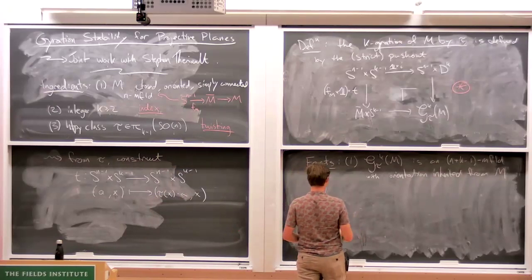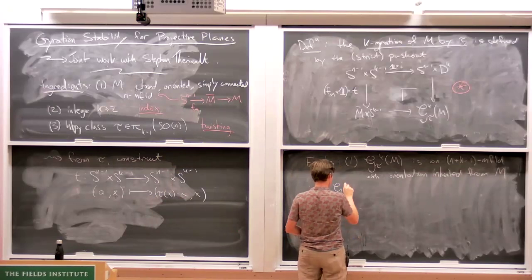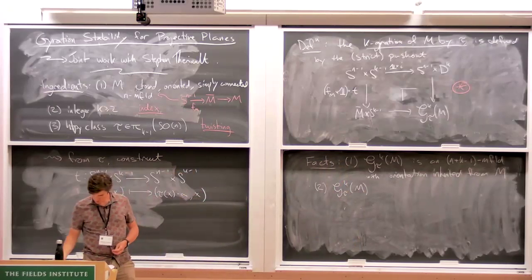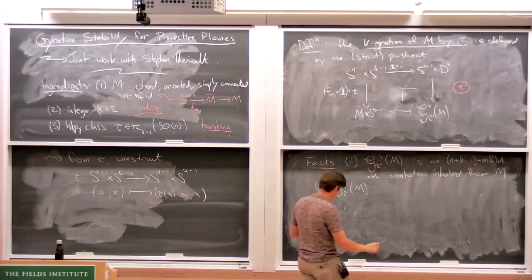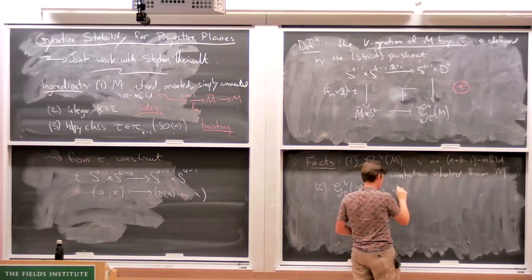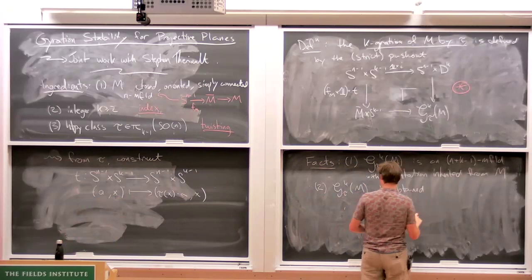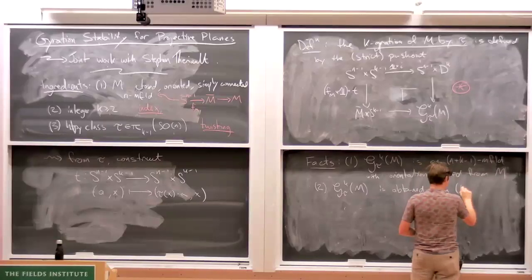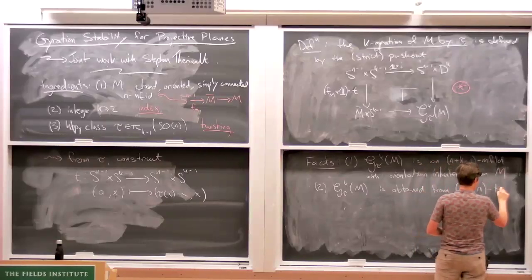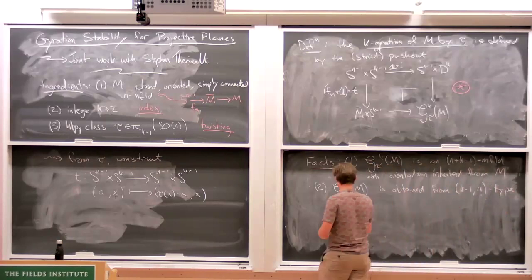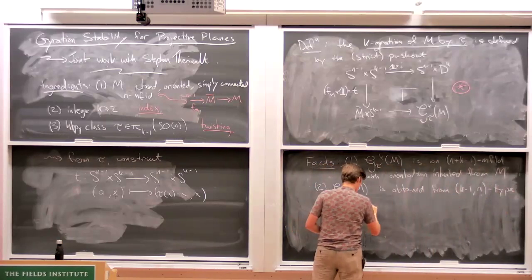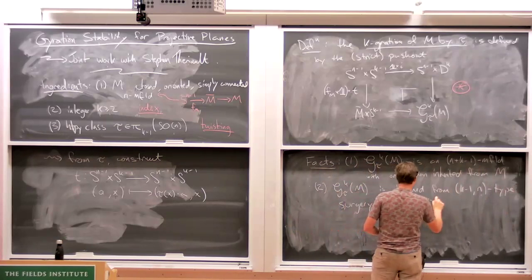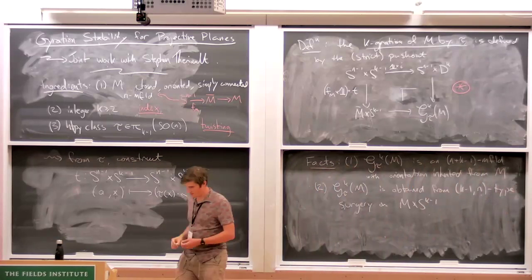Second fact: another way to see what a gyration is. The gyration is obtained from (k-1, n) type surgery on the sphere, on the product M cross S^{k-1}.